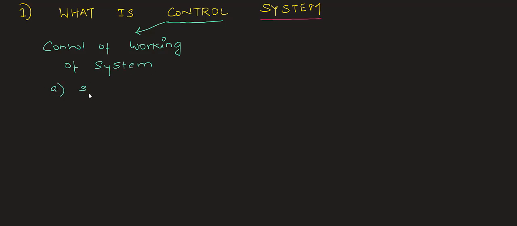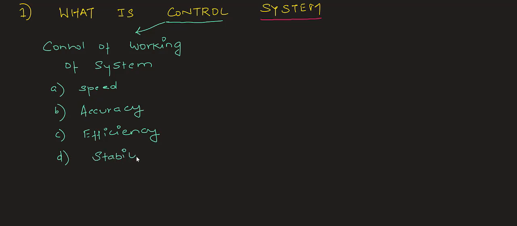The word control indicates that you're controlling something, so a control of the working of the system. The important thing here is that you need to understand what is intended to be controlled. It's not the climate, it's not certain other factors, it is only the working of the system.